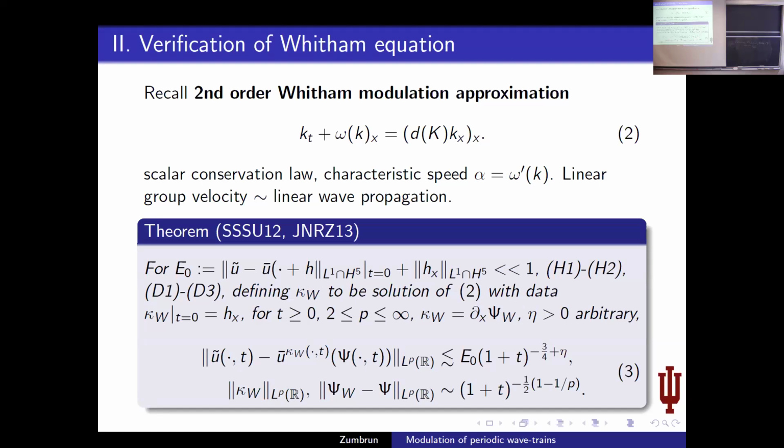And then the bounds on K are: K is bounded by a heat kernel, and the difference between psi Whitham and psi, which is our old psi. So we didn't define psi by the Whitham equation. We defined it kind of operationally, what would make things small in a certain way. But the difference is also small like a heat kernel.